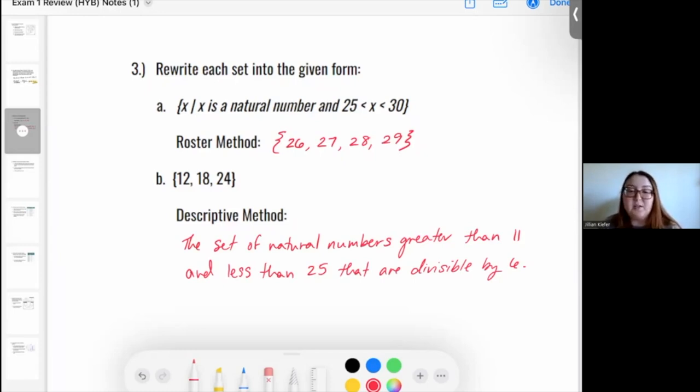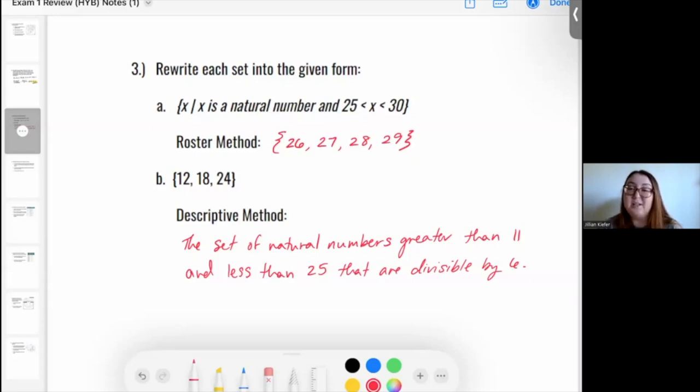So once again, as long as your description accurately represents the set, it's really all that matters, even though there were probably tens, maybe even 100 different ways to describe this set. As long as it is correct, that is what matters. So, all right, that wraps up number 3.